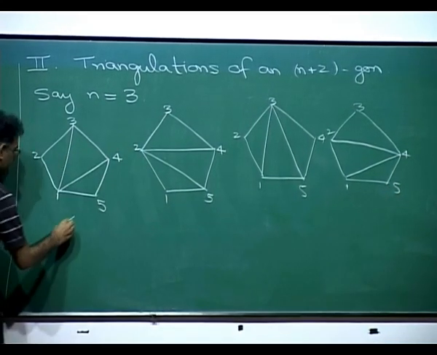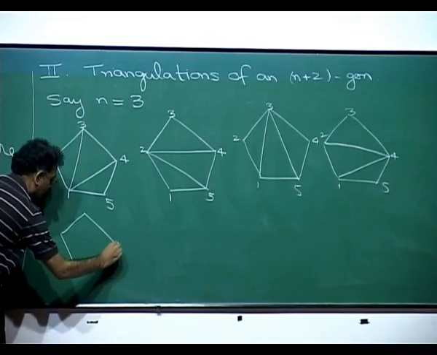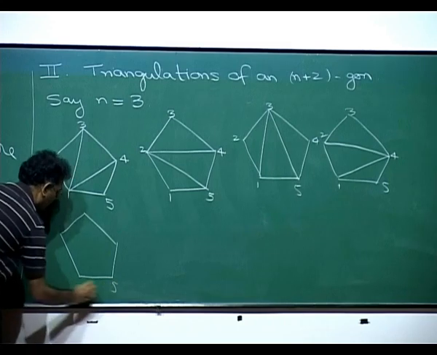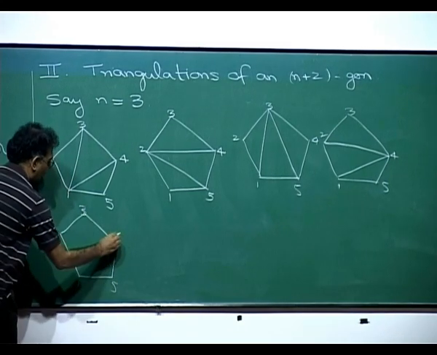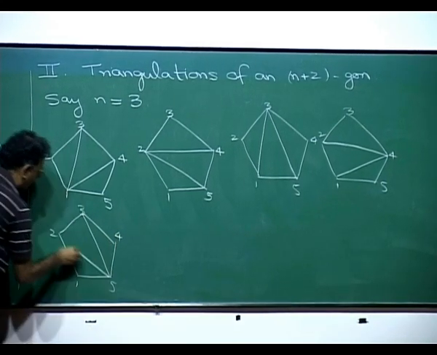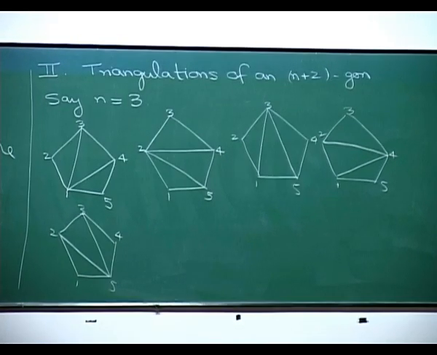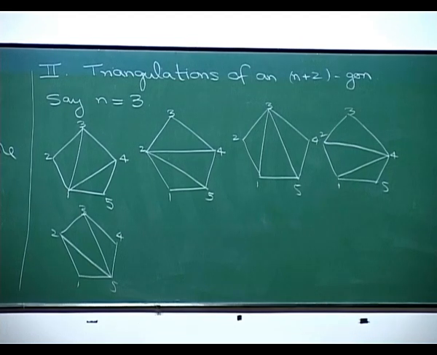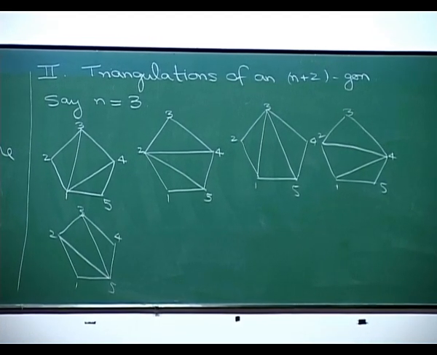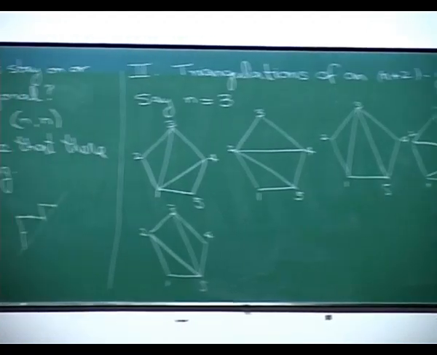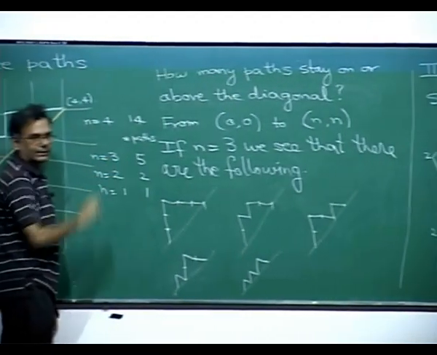And fifth way is this. So here are 5 ways of cutting that pentagon into triangles, and one can see if you try doing this, there are no more ways. Again, you get 5 ways. When n equal to 3, there are 5 ways. Here when n equal to 3, there were 5 paths.